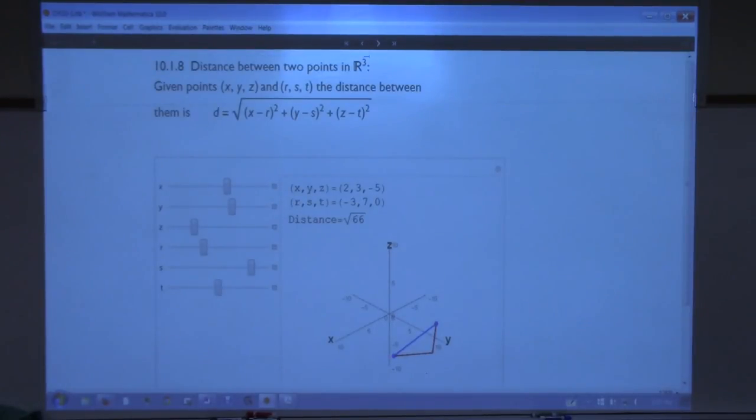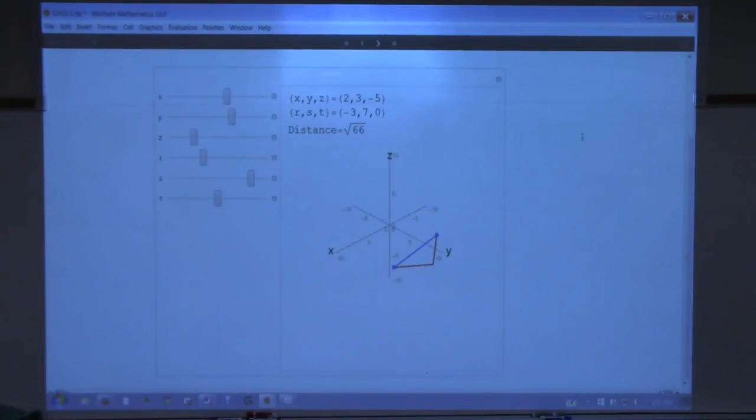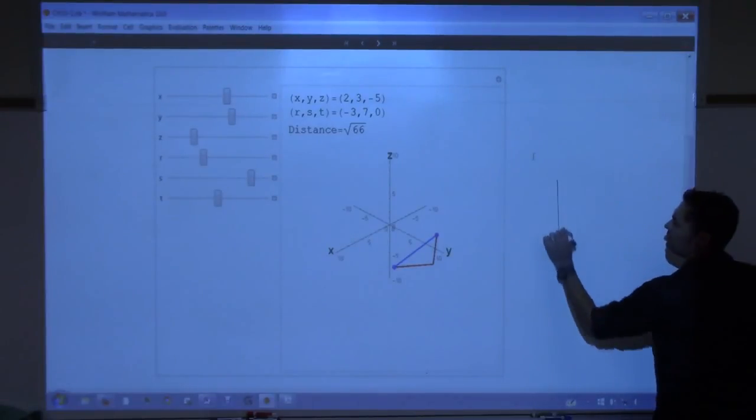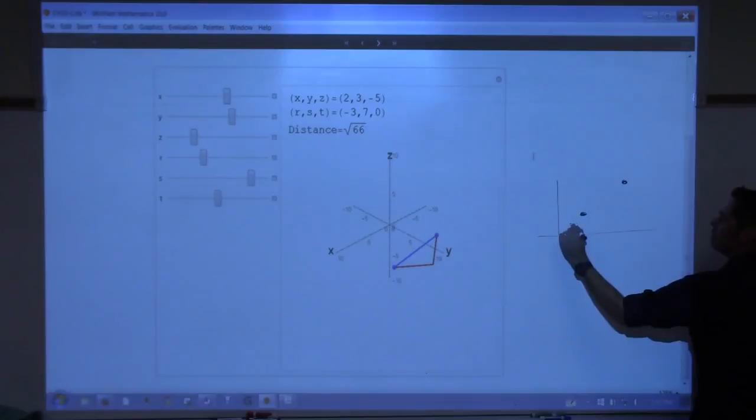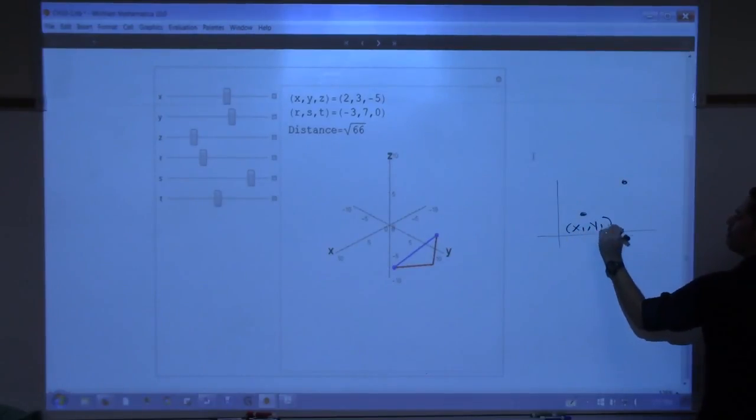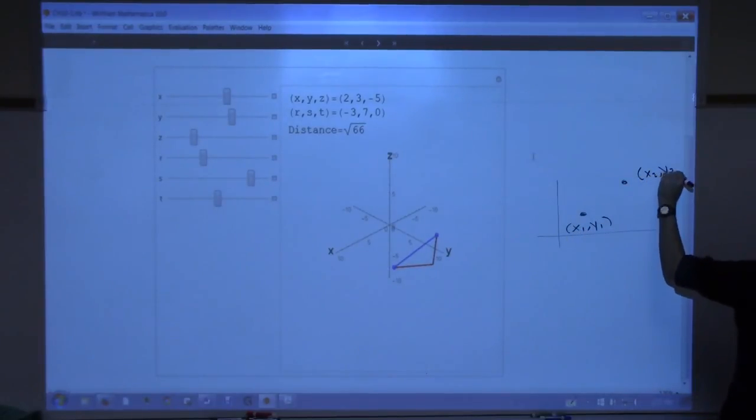All right, so since we're in three-dimensional space, we may as well talk about trying to find the distance between 2 points, right? If we have 2 points in three-dimensional space, we can find their distance. We did it in two-dimensional space pretty easily, right? Someone gave you 2 points, x1, y1, x2, y2.